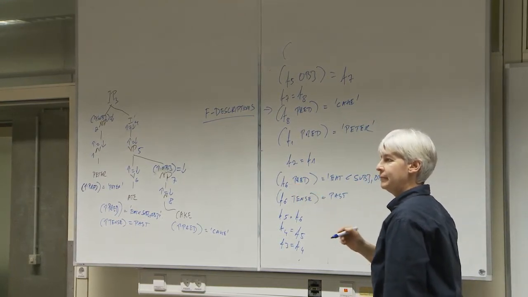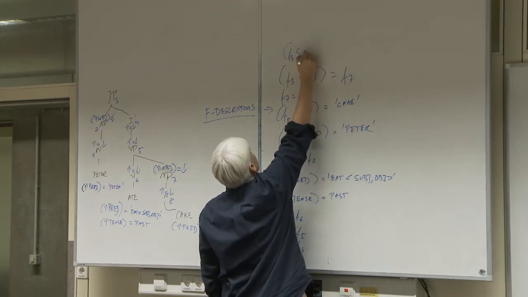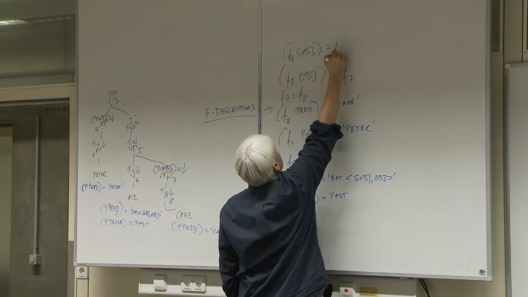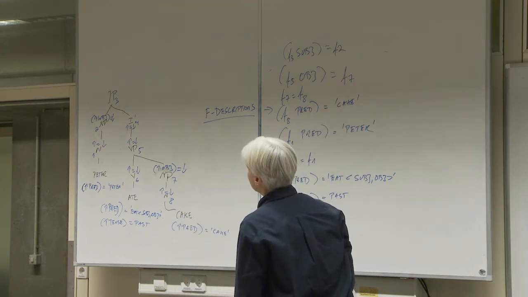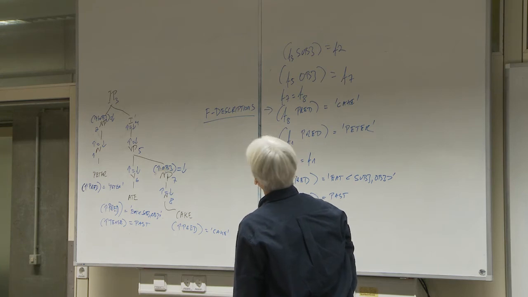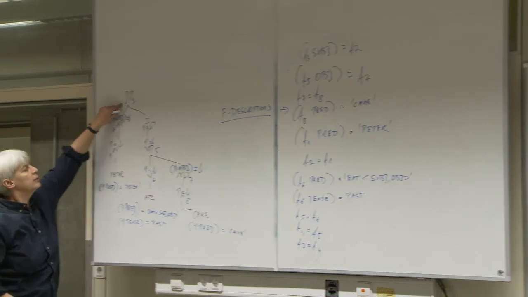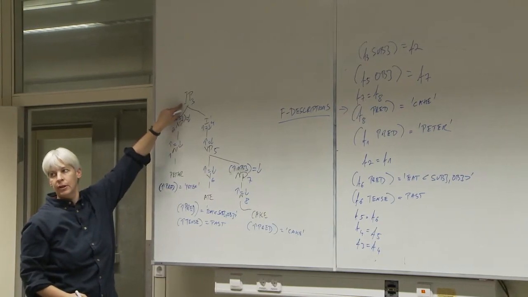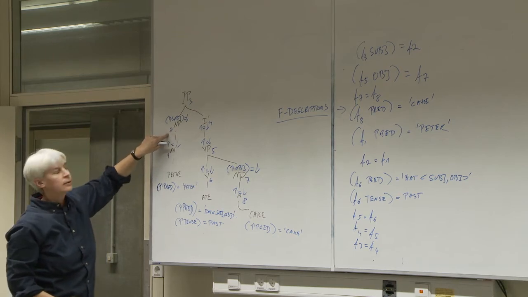F3 subject equals F2. Is it not F2 subject equals F3? No, she's right. This is pointing up here, to the mother node. It's node number 3, we called it, this one.